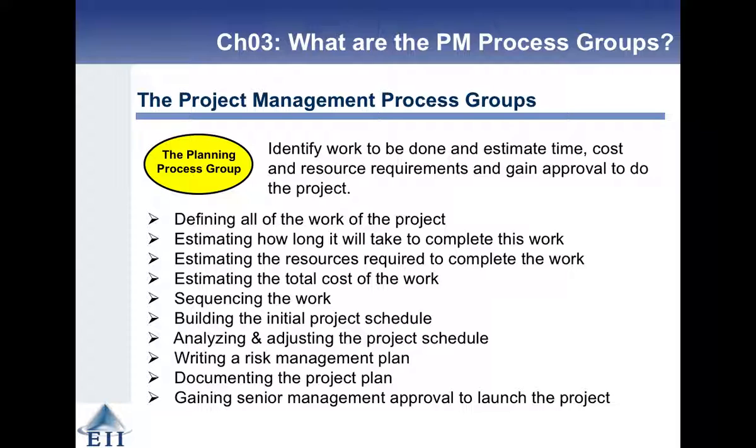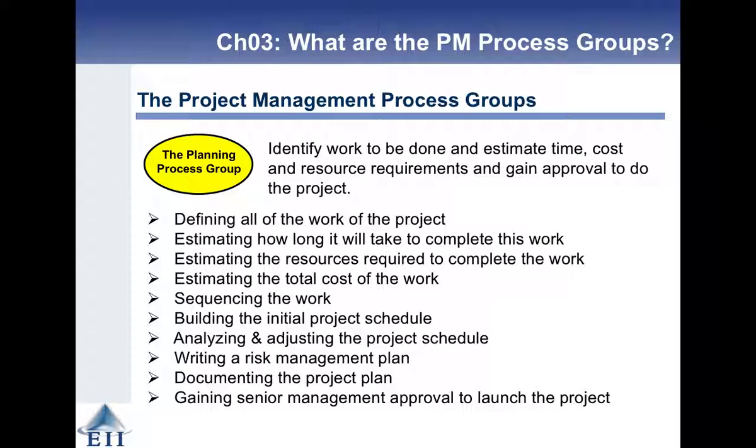The planning group, we define all the work, we estimate how long, how many resources, the total cost. We sequence the work, what order it's going to be done in. We put together an initial schedule. We analyse and adjust the project schedule based on resource availability, funding availability, other external influences on the project.